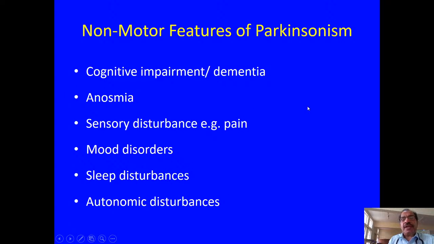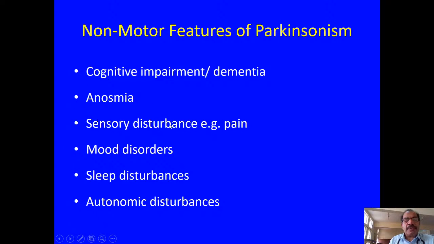So besides the motor manifestations, patients with Parkinsonism may have other manifestations. It may be related to the cerebrum, it may be related to other parts of the central nervous system. So the patient may have some cognitive impairment. How early or how late it comes depends upon the underlying type of Parkinsonism, whether it is Parkinson disease or whether it is Parkinsonism plus. So depending on that, these features will come early or late. I'll come to that. The patient may have some sleep abnormalities.